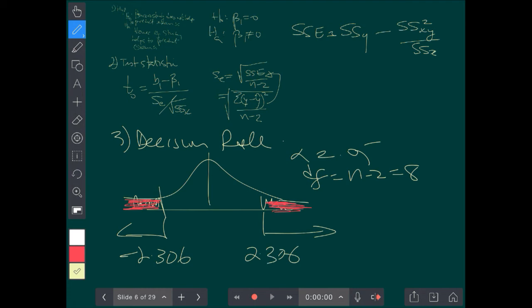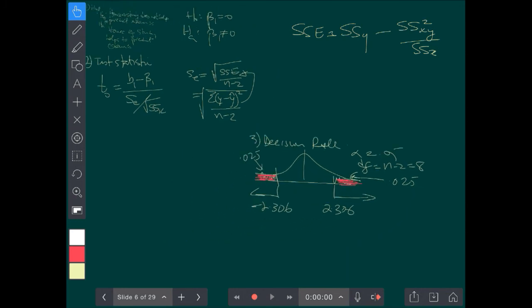The same values that we had before, because we have the same alpha value and the same degrees of freedom, t.025 when we divide alpha by 2. So just to remind you, this area right here will be 0.025, and this area right here will also be 0.025, which is alpha over 2. All right.